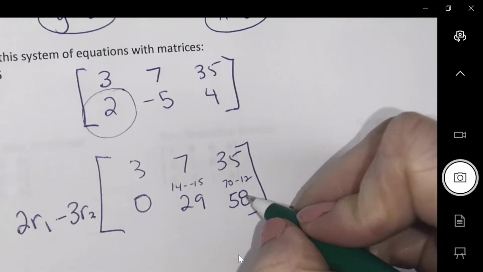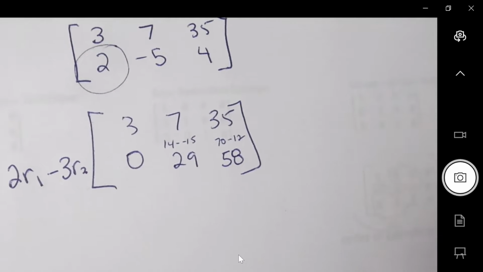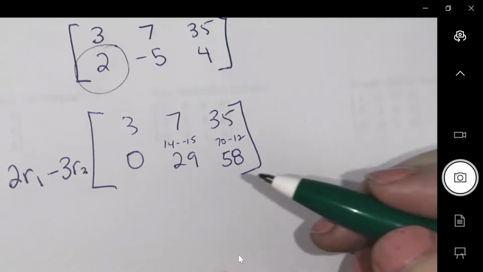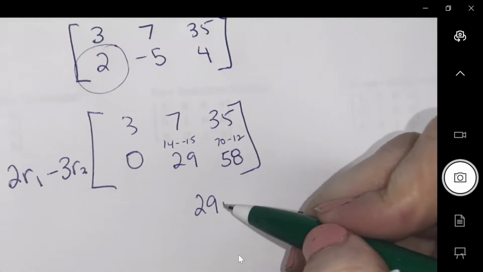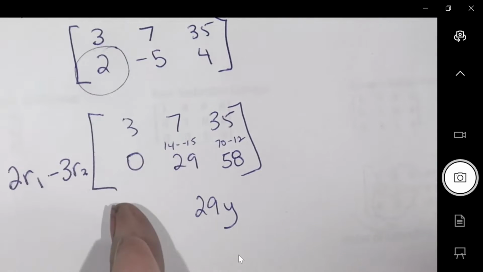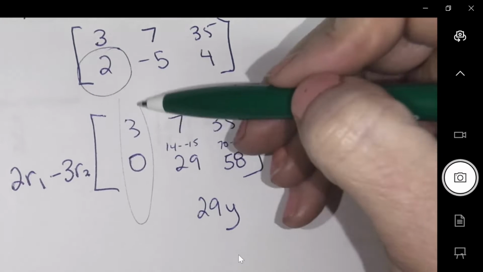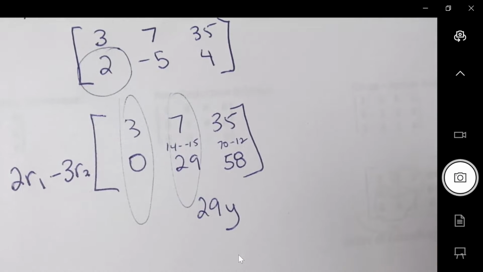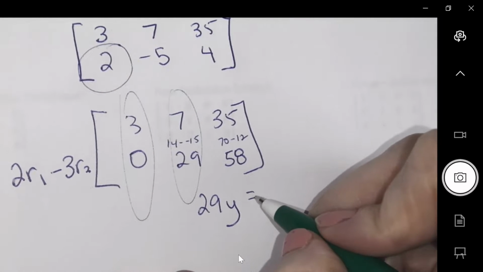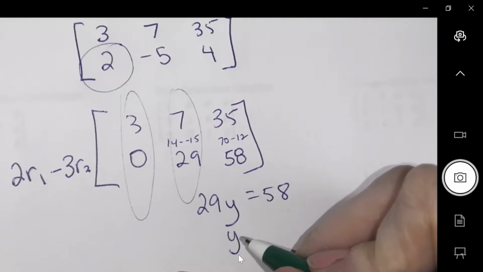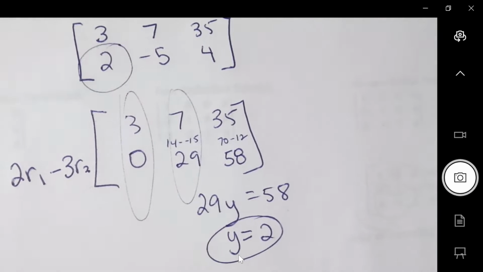Makes 58. So now 29y, because this is x, this is y. So 29y equals 58. Therefore, y equals 2.